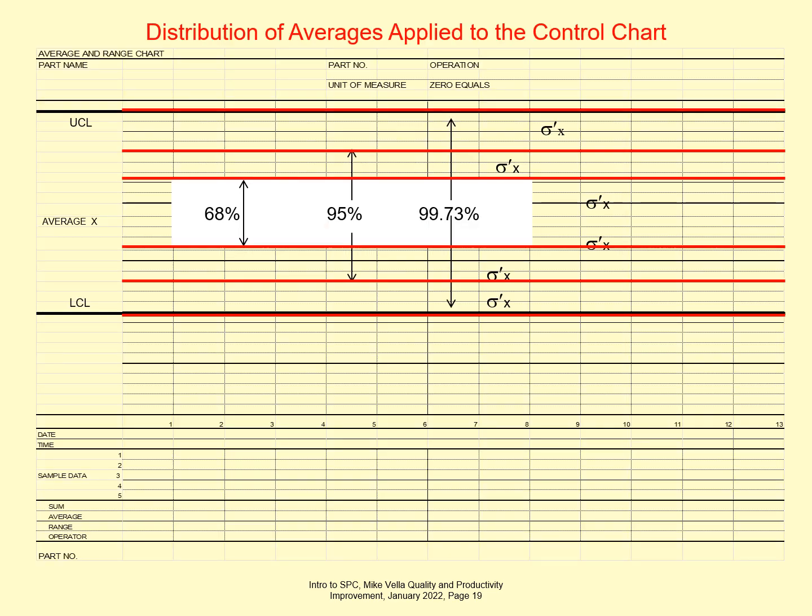So then when you take that concept of the bell-shaped curve and the central limit theorem and stand it on its edge, you can see how that's applied to an SPC control chart, where the upper and lower control limits represent 99.73% of the area, plus or minus 2 standard deviations of the averages are 95%, and plus or minus 1 standard deviation of the average, 68%.